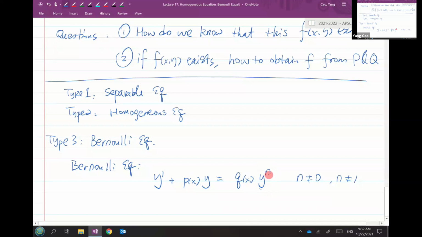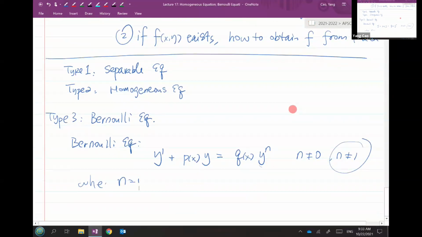If n equal to 1 here, and it's a y here, what does the q of x equation become? I want you to be able to say the names because it's a language. Yes, separable, but I wanted to hear the properties. When n equal to 1, yes, you can separate.